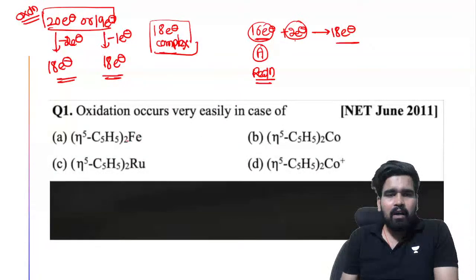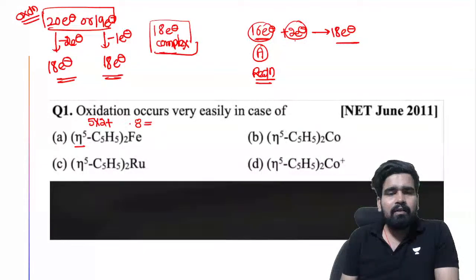In option A, iron contributes 8 electrons. There is eta 5 C5H5 twice, Cp, cyclopentadienyl. It has hapticity 5, so it will contribute 5 electrons, and there are 2 C5H5, which means 5 into 2 plus 8.